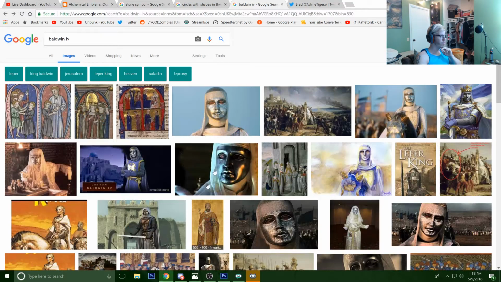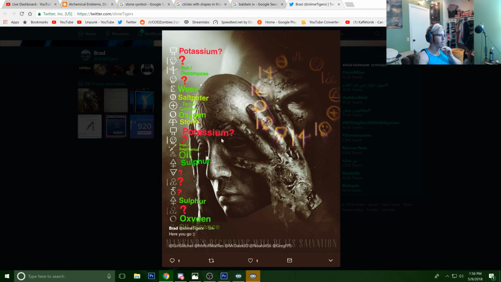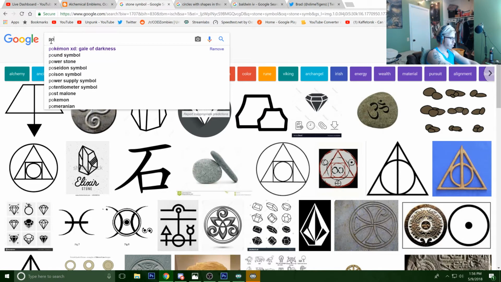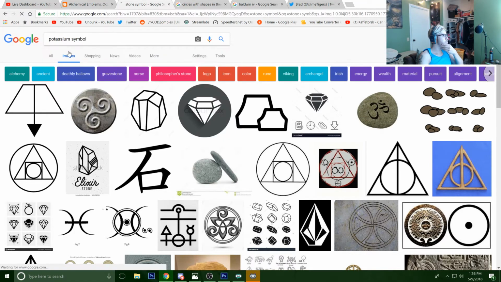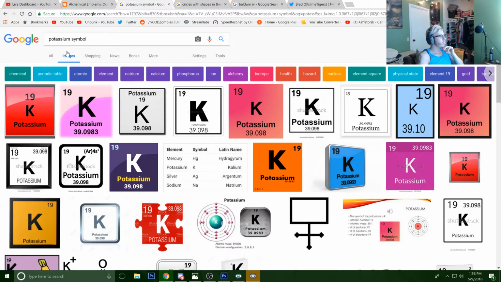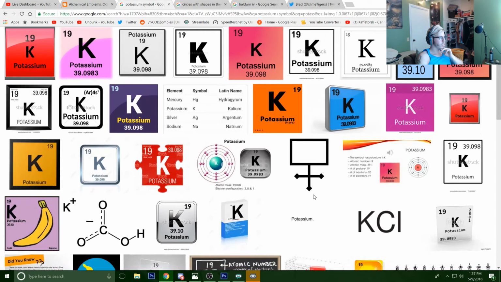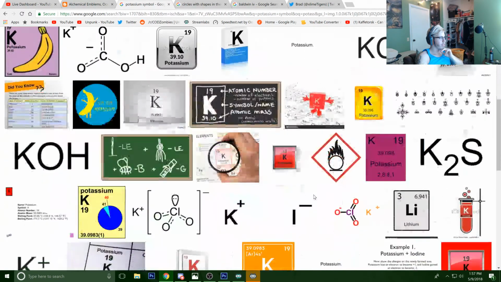What does he say alum is? He said alum is potassium. I mean, alum is a compound which includes potassium. No, potassium's a triangle below it, or it has a plus, rather.